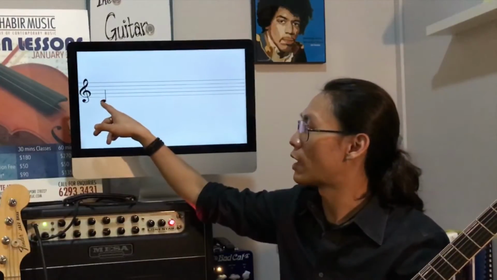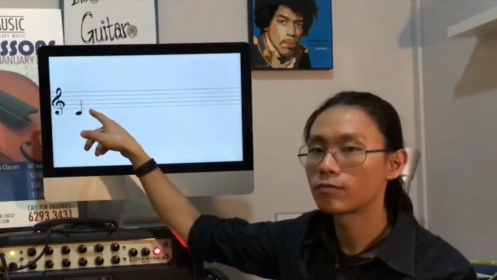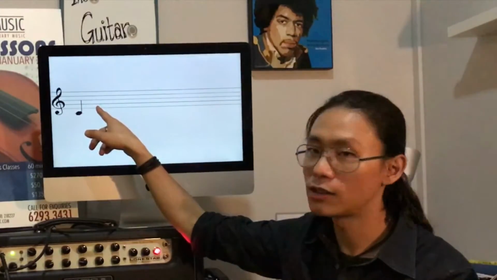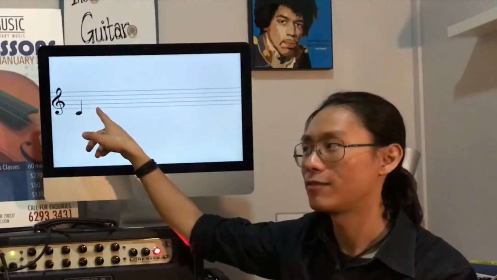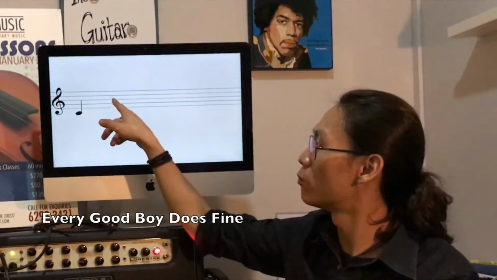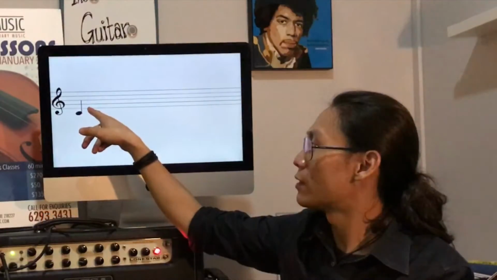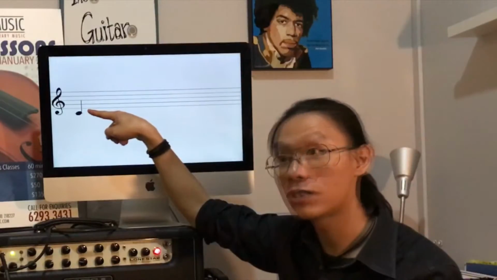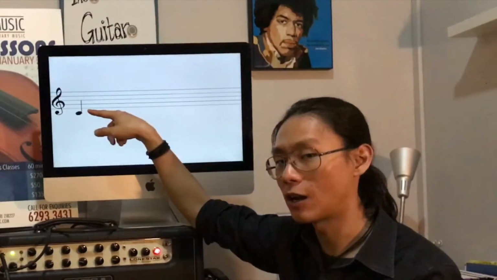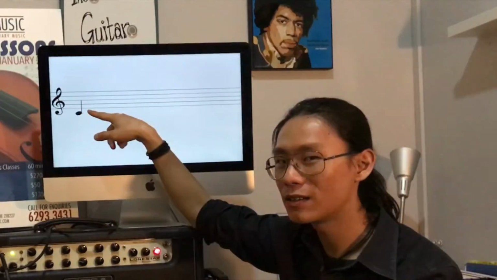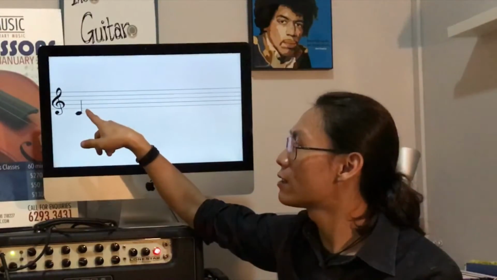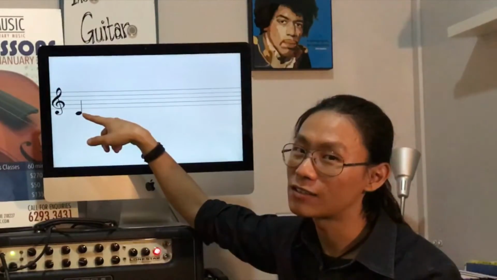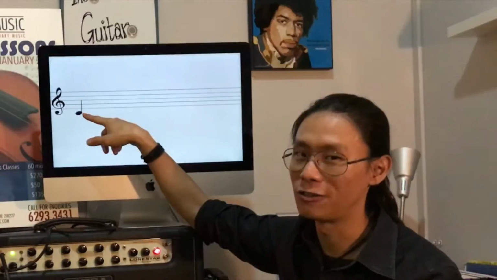Over here we have the note C. If you recall, the note on the first line is called an E, because every good boy does fine. Assuming I have a note below this line, we'll consider that as a space. Then the alphabet before E would be D. And what's the letter that comes before D? If you guessed C, you're absolutely right.